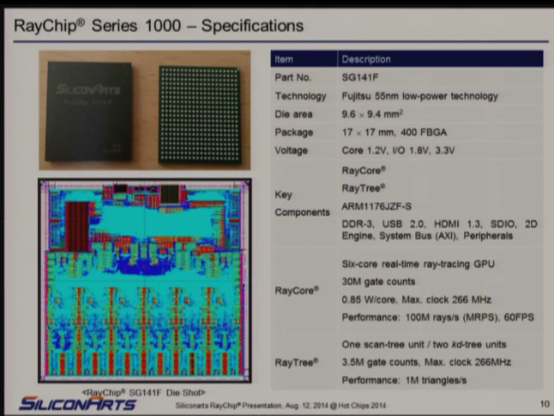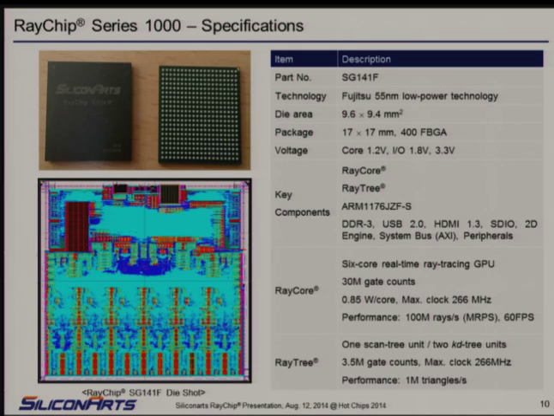Among important components, the 6-core RayCore GPU has 30 million gate counts and has maximum benchmark performance of 100 mega rays per second when operating at 266 megahertz. This hardware sufficiently delivers real-time ray tracing performance at high definition, 30 frames.